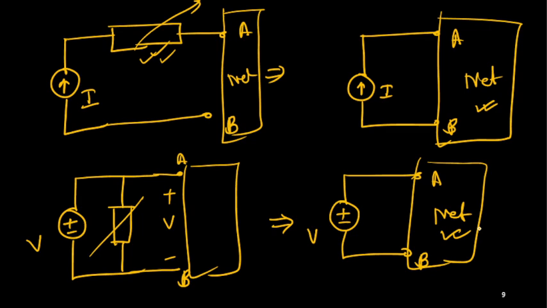We have no issue at all. That is a very, very useful concept, provided that this is not a voltage source, otherwise there is a problem. Is that right? Now you can see that these two networks are connected.